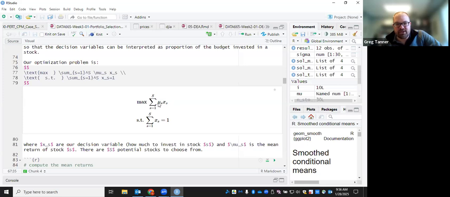These mu_s are going to be the average daily returns of that stock. If we want to maximize our expected value, we just maximize the sum of the average of that stock times our decision variable, which tells us how much we're investing in that stock.